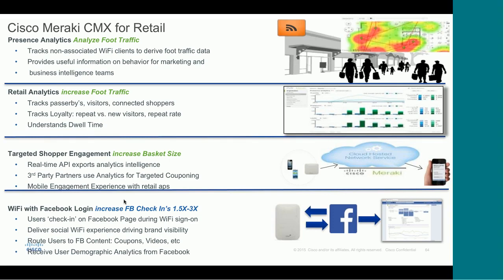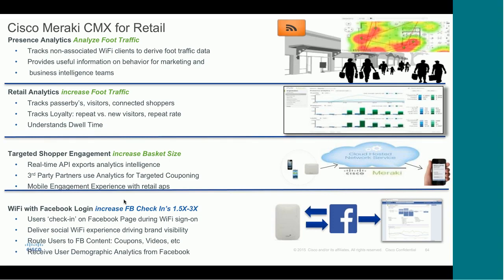And then Marissa talked a little bit about our CMX platform. Meraki does offer a CMX platform for retail. It will do things like analyze foot traffic. It will give you analytics as far as when people are coming in, are they dwelling within the location for a certain period of time? When are they leaving? Passersby or window shoppers, connecting and taking a look at things.